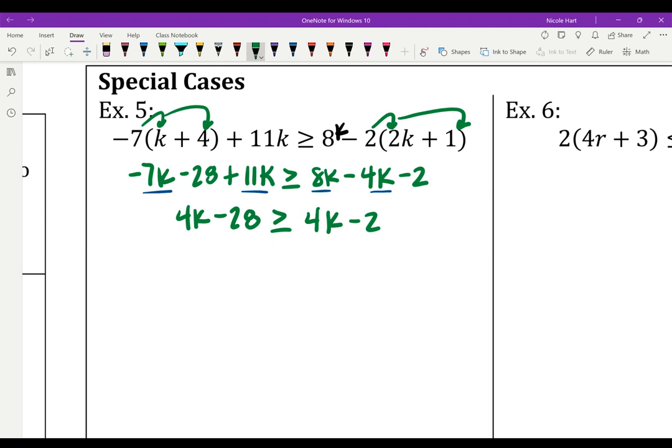So then you can subtract that 4K, subtract that 4K. That cancels out both 4Ks, and so we're left with negative 28 is greater than or equal to negative 2. So you have to ask yourself, is that true?